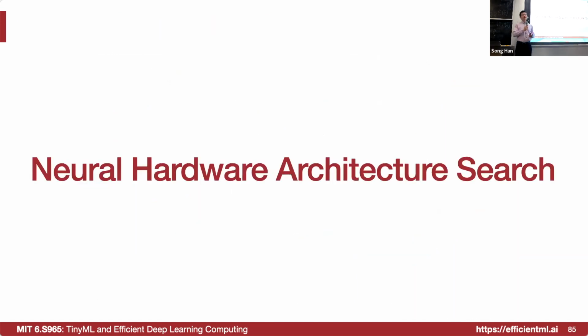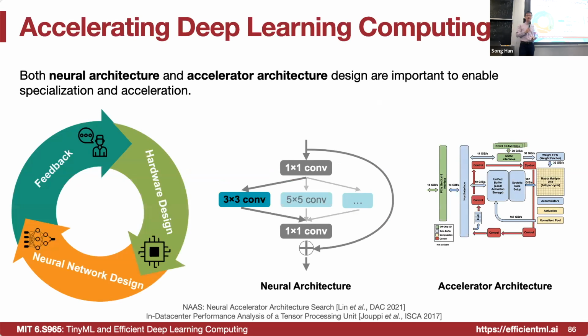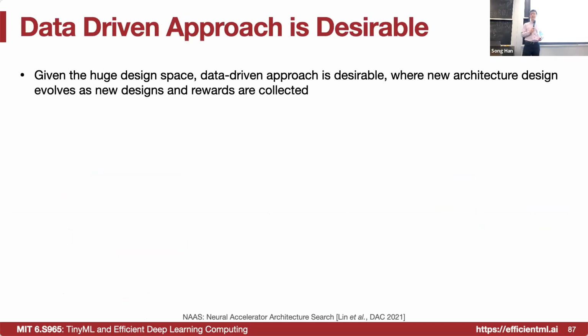All right, so far we talked about a lot of neural architecture search techniques. What if we combine it with hardware architecture search? Since we have different configurations for the neural network architecture, we also have a lot of choices for the neural network accelerator. Can we co-design them together?